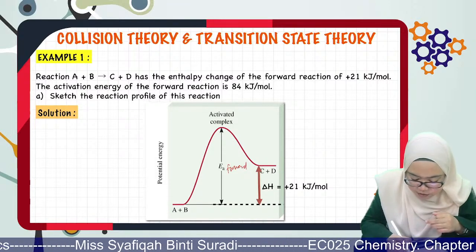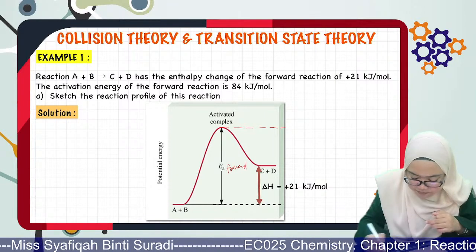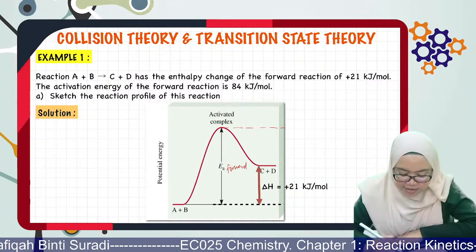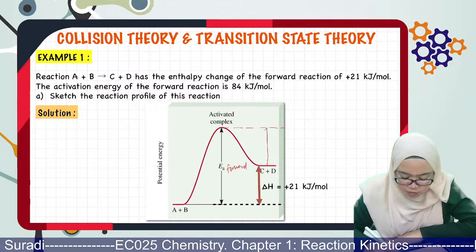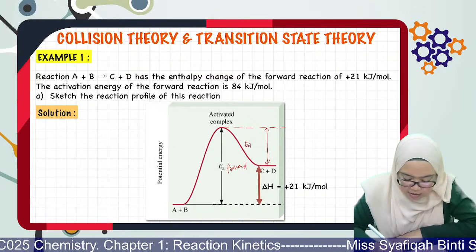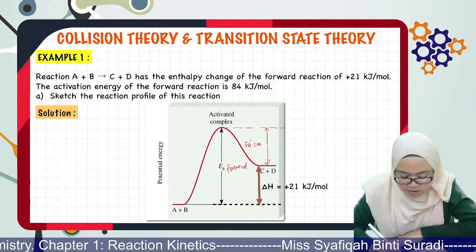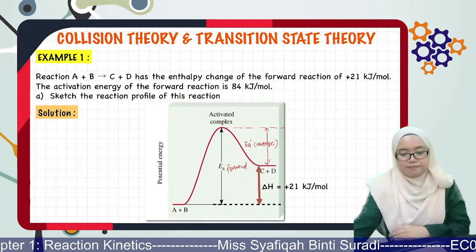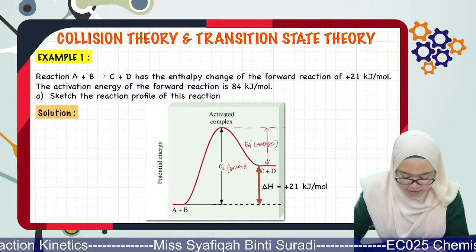So ini kita punya EA kita. So untuk EA reverse daripada product pergi kepada bumbung yang EA ni. So ini adalah EA reverse. Okay. Alright. Next.